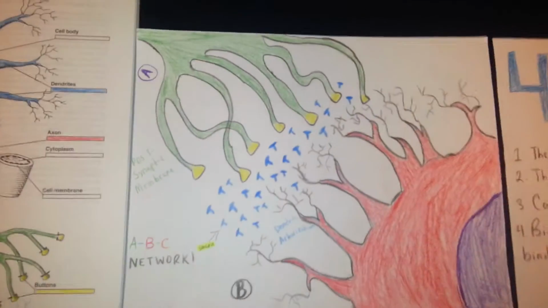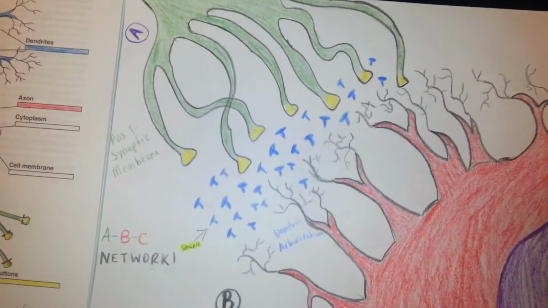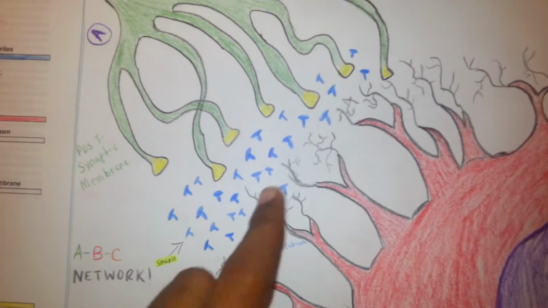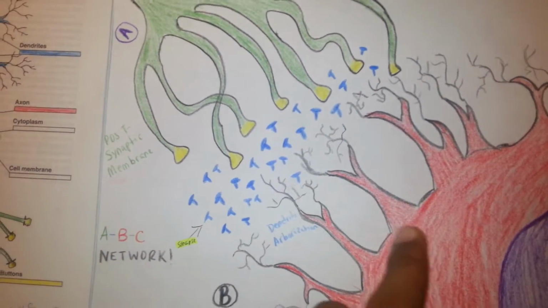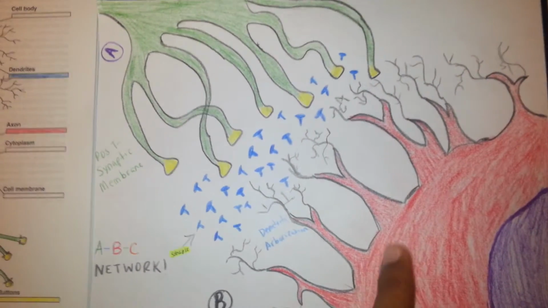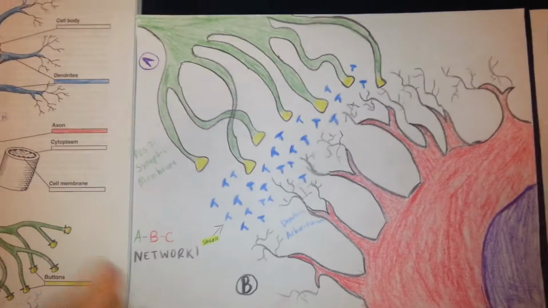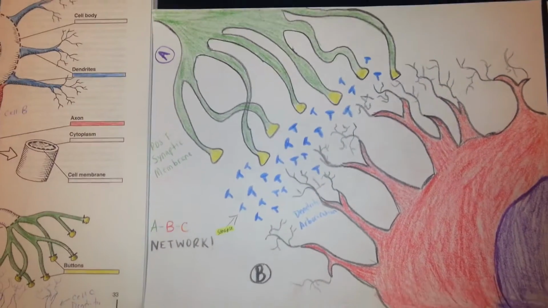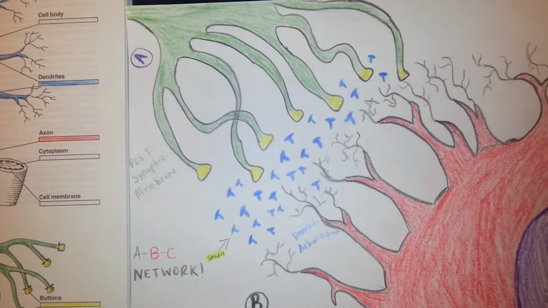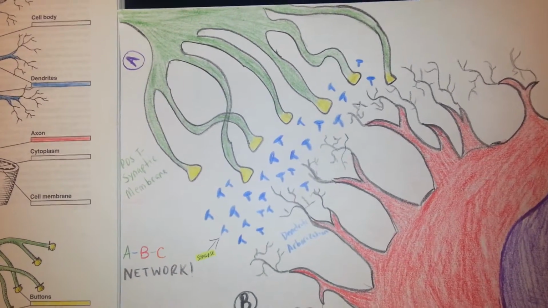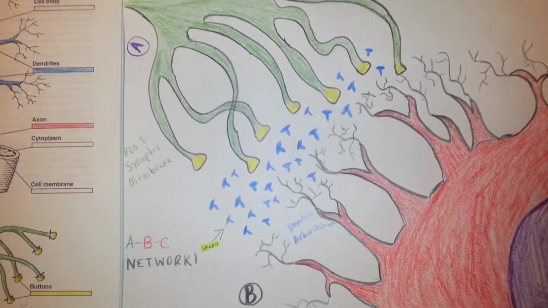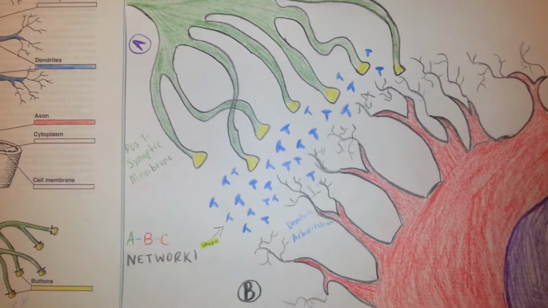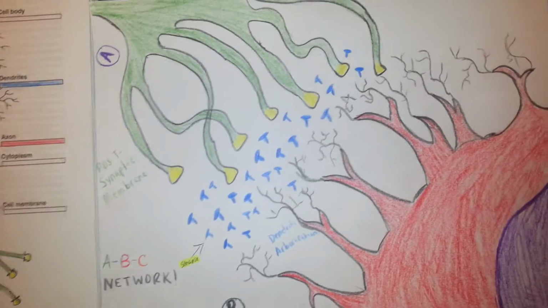They're released into the synapse between cell A and cell B, and the synapse is the space right here between the terminal buttons and the dendrites, which are these branch-looking things located at the top of neuron B. This is the space, as I said before. And the blue things are actually the neurotransmitters that are released. I made them look like T's so that you would remember T for transmitter throughout the video. So wherever you see these blue T-looking things throughout this video, they're the neurotransmitters. And this, once again, is the ABC network.